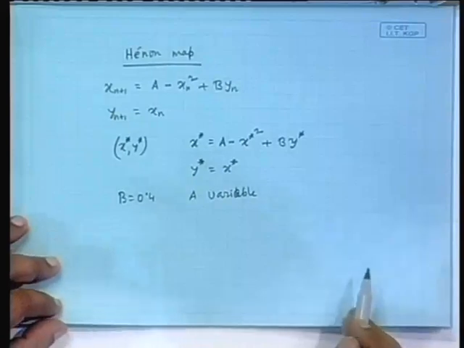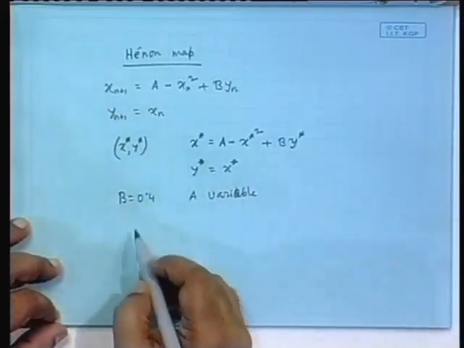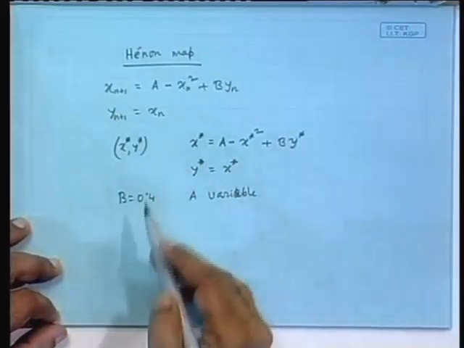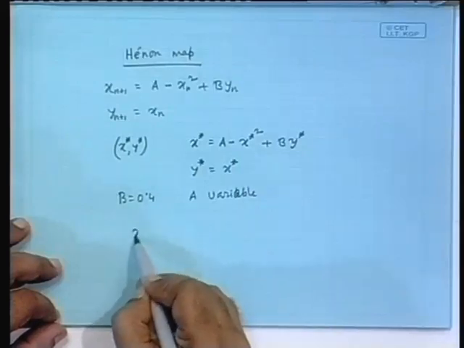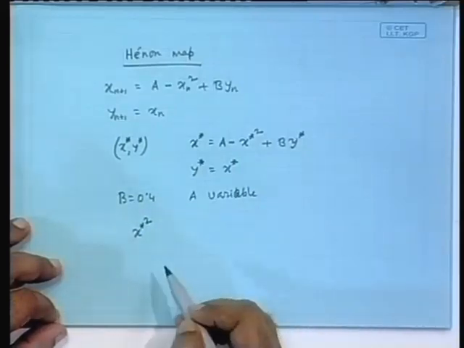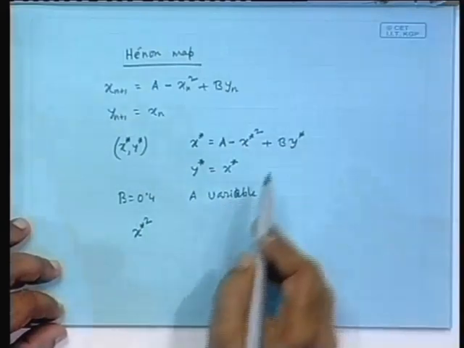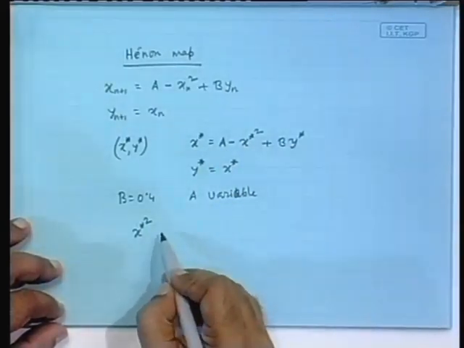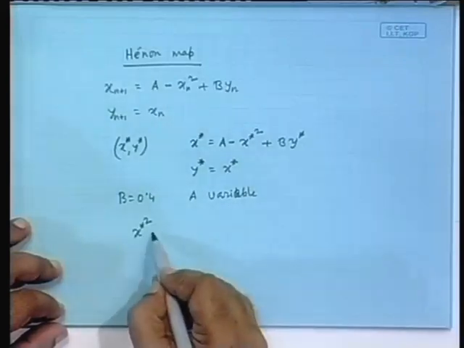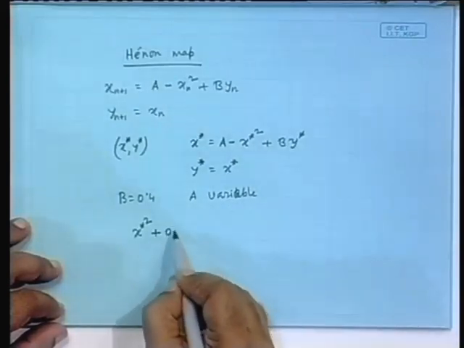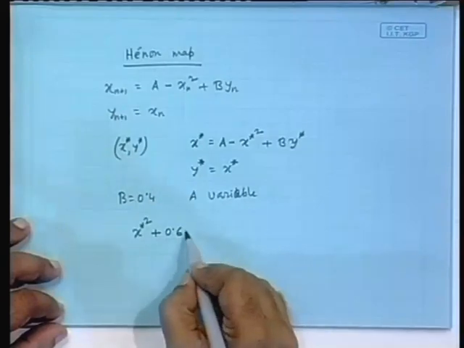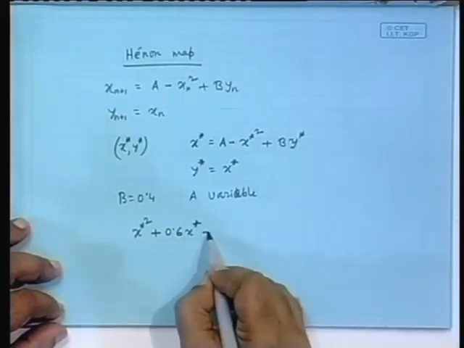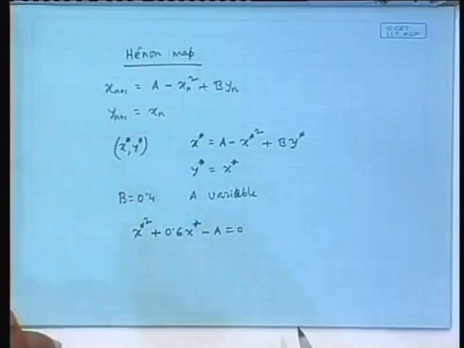So, if you substitute, what is the equation you get? Let this go to the left hand side, x star square, these two get subtracted. So, you have plus 0.6 x star minus a is equal to 0.